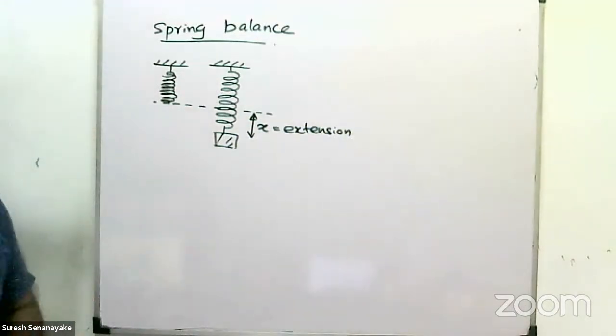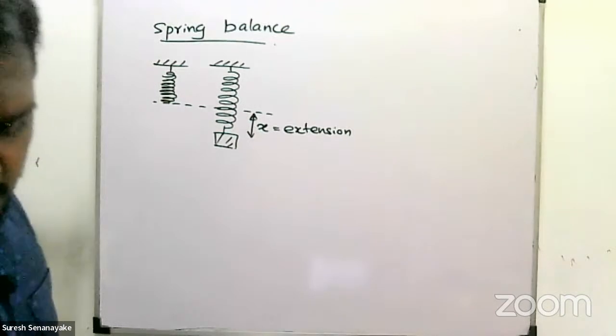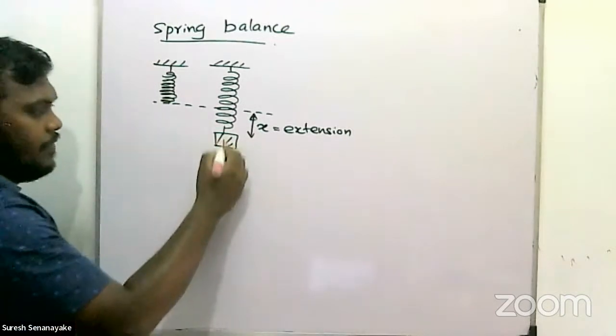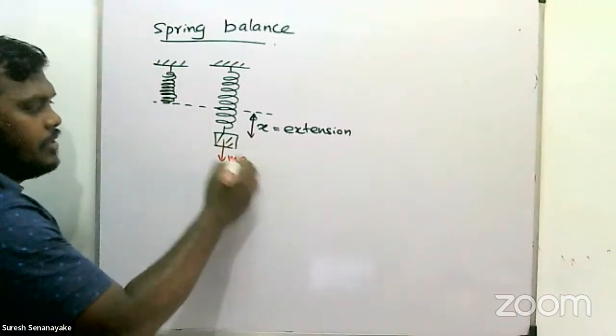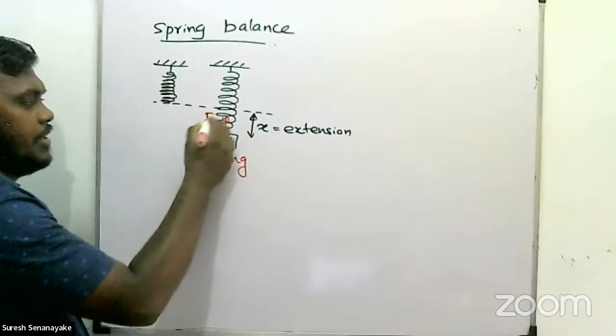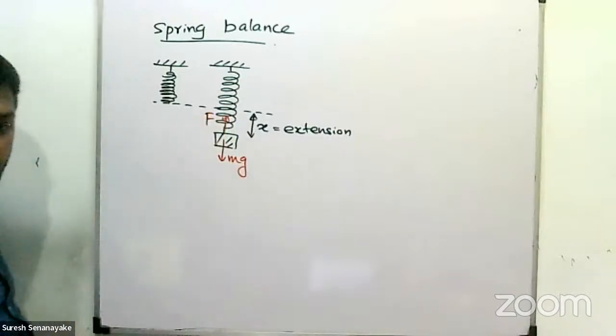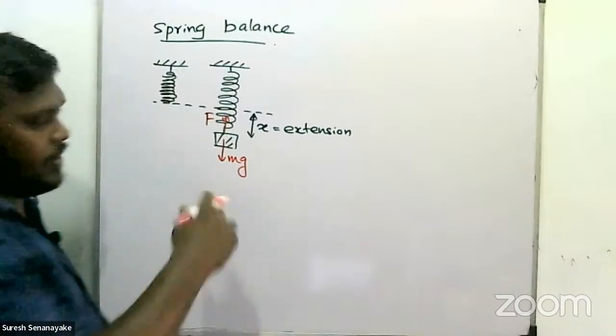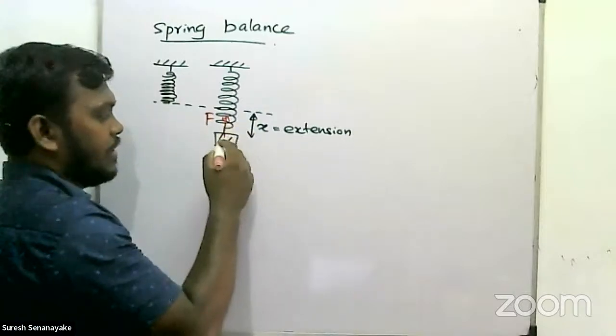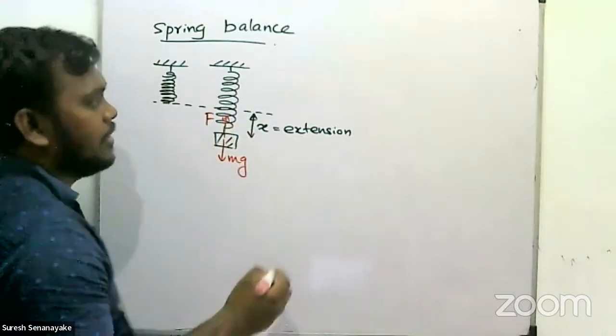According to Hooke's law, the force acting on the spring, with the weight acting downward, is F. So F equals mg when they are not moving, at equilibrium.